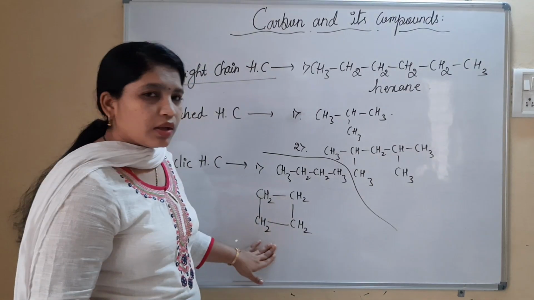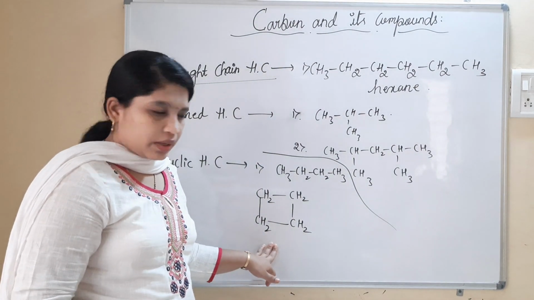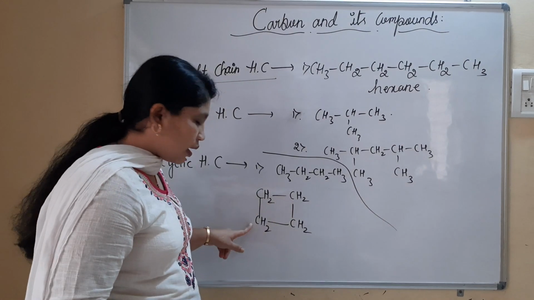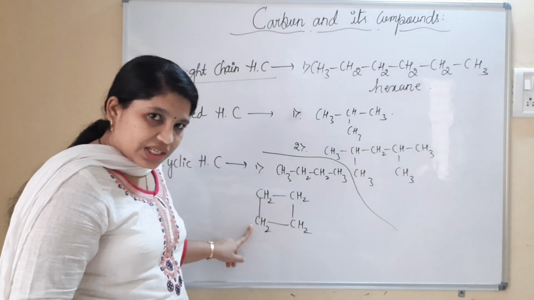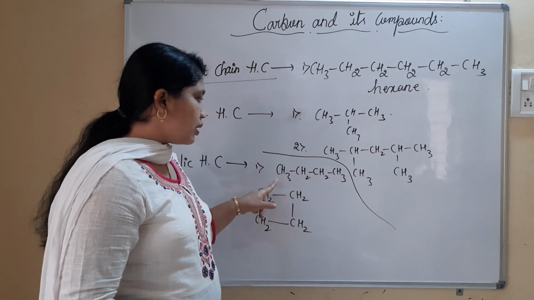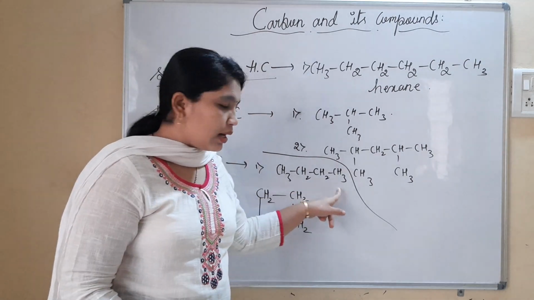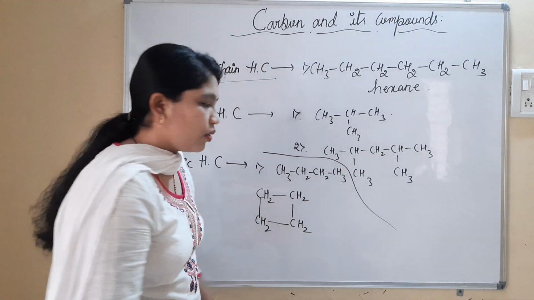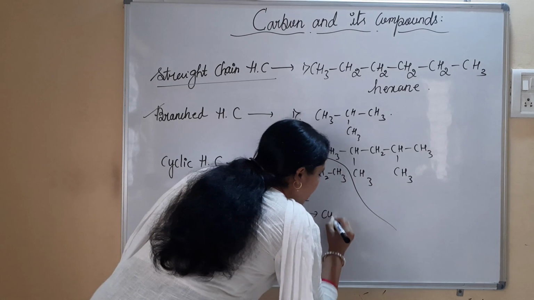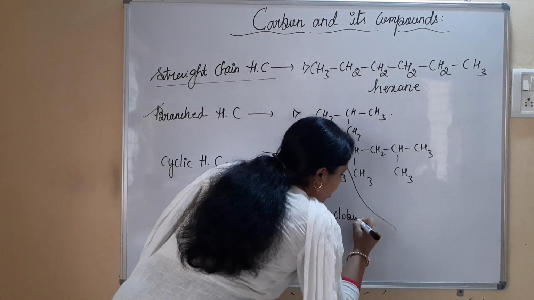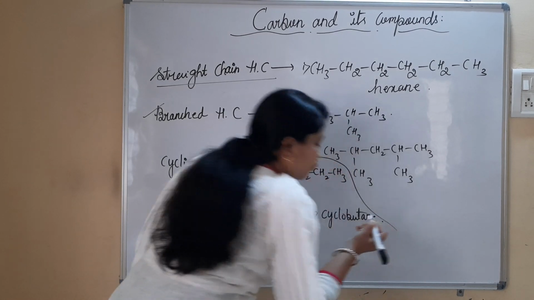So I have got a cyclic hydrocarbon. As there are 4 carbon atoms present here, instead of butane, it is referred to as cyclobutane.